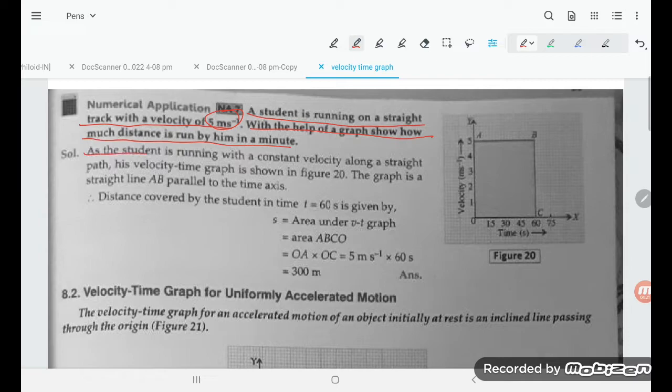As the student is running with constant velocity along a straight line path, the velocity time graph shown in figure 20 is a straight line AB parallel to the time axis.